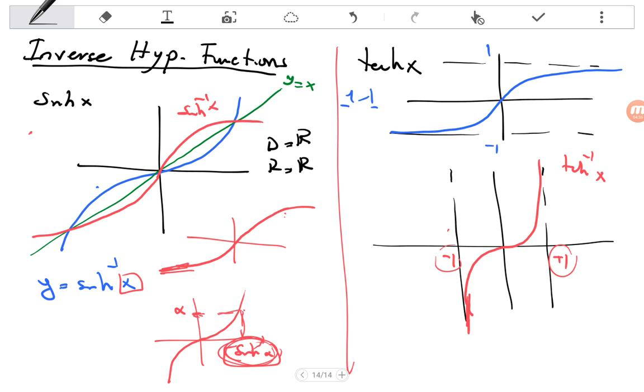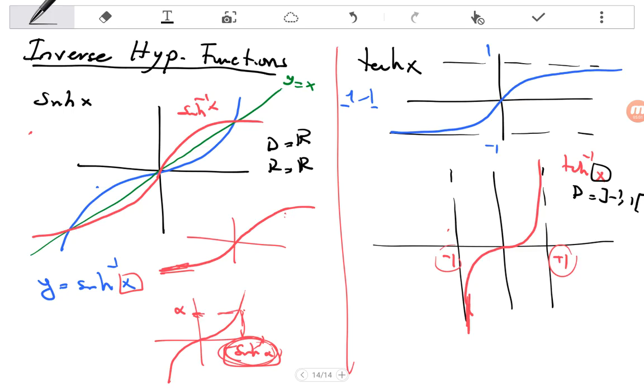We have learned that we just interchange the domain and range of the function and its inverse. So the domain of tanh inverse will just be from -1 to 1, open. So there is a condition for what is inside the tanh inverse.